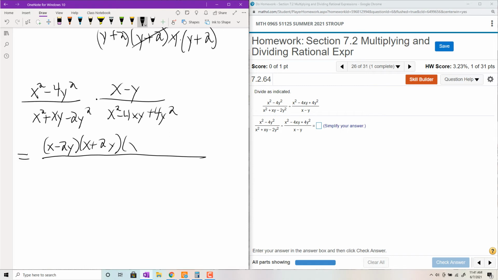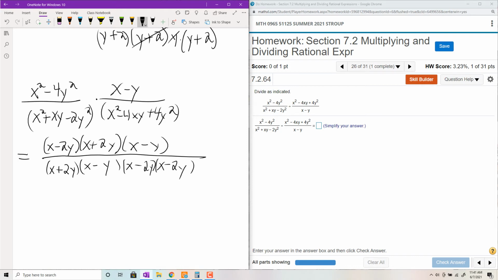And then x minus y. Downstairs, for the first trinomial, x and x has to be plus and minus, and the big number has to be positive, so 2y and then just y here. And for this last trinomial in the denominator, that'd be x and x, minus minus, and then 2y and 2y, I believe.